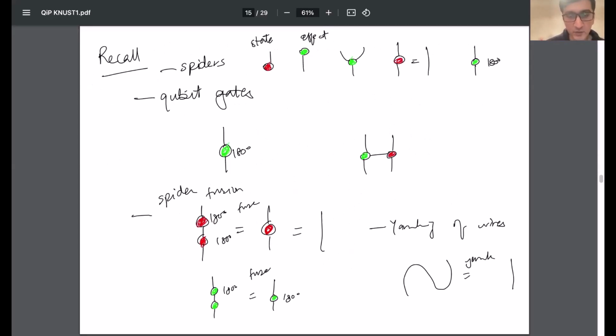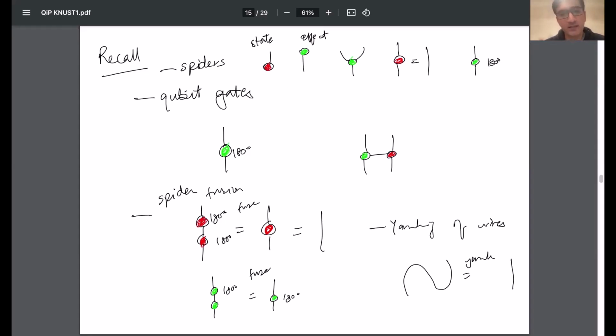And to represent all of quantum theory, you need 2 kinds of spiders. You need red spider, green spider. In some textbooks or research papers, sometimes they use white and gray spiders, but they're essentially the same thing. A white spider is the green spider, and the gray spider is the red spider. These 2 colors actually represent 2 bases.